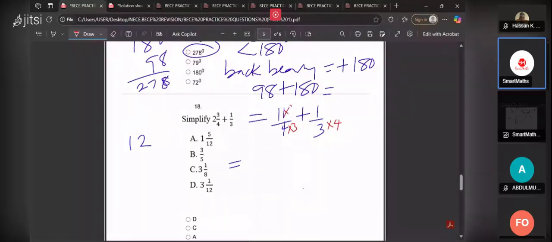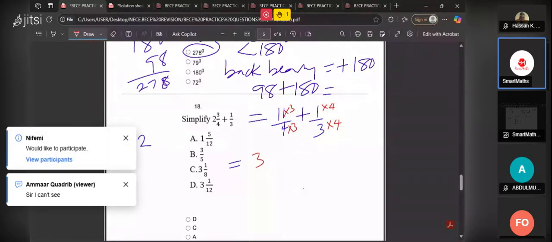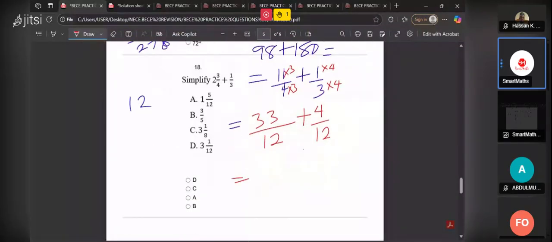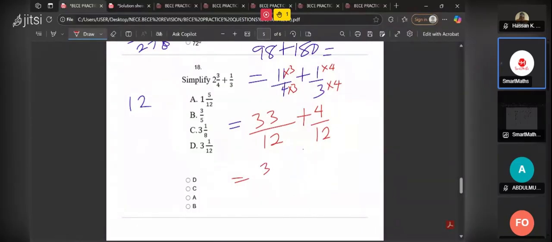Because we have multiplied the denominator by 3 here, we multiply the numerator by 3 as well. And this one we multiply by 4 as well. So we have 11 times 3, that is 33, then 4 times 3, that is 12, plus 1 times 4, that is 4, then 3 times 4, that is 12. Since the denominators are the same, we can add the numerators: 33 plus 4 is 37 all over 12.